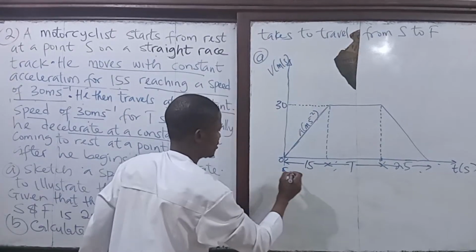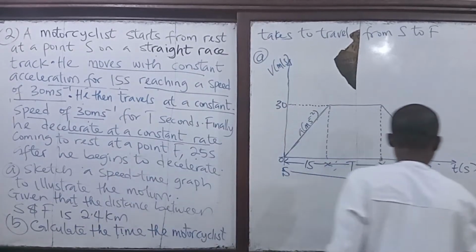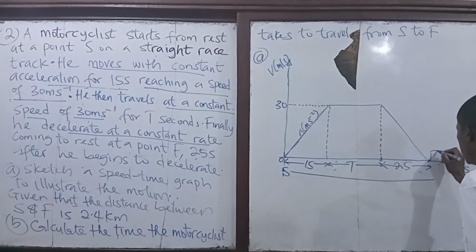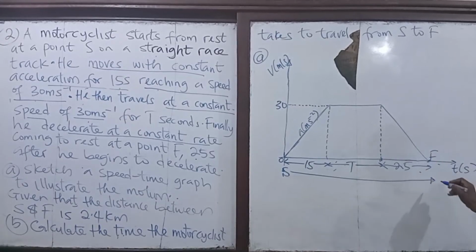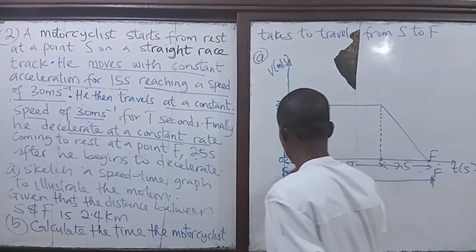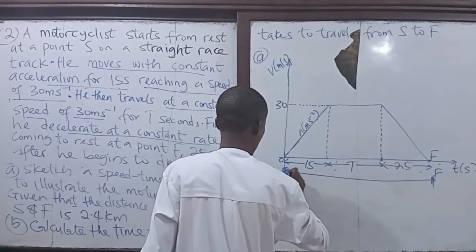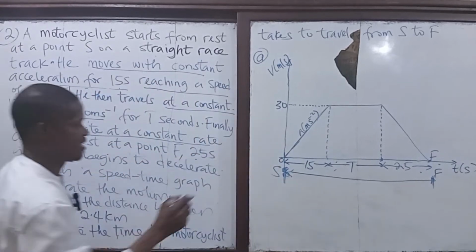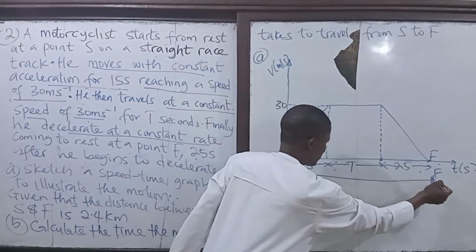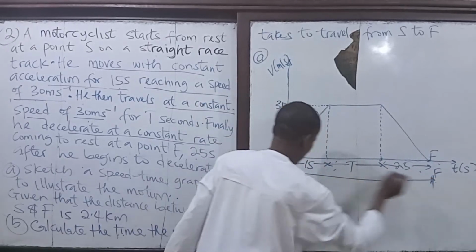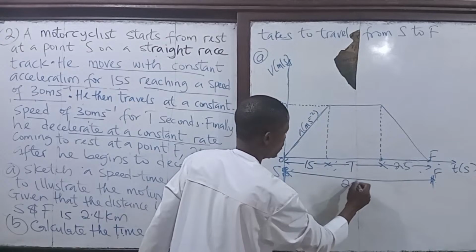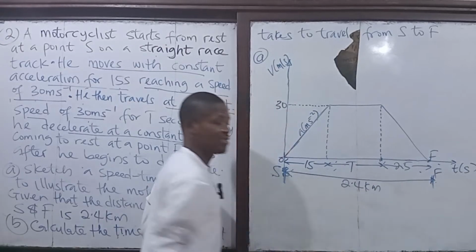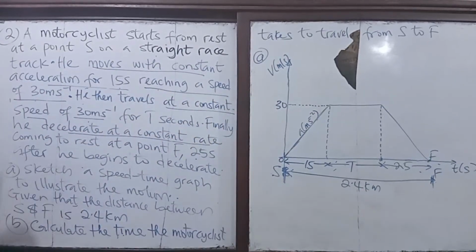That's the traveling point until you get to point F. This is F, and this place is point X. And the distance between these two points is 2.4 kilometer.